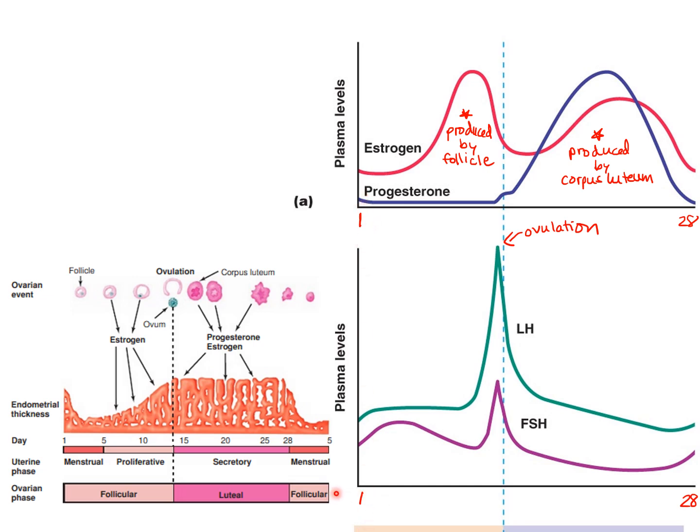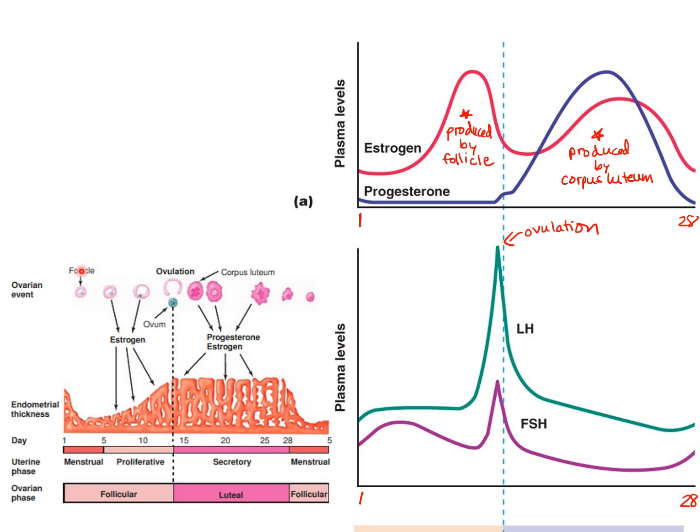And also because we've gotten rid of that negative feedback effect from the estrogen and progesterone on the hypothalamus and the anterior pituitary, our LH and FSH levels begin to rise here. Okay, and remember that the FSH, follicle stimulating hormone, that's going to go over to the ovary and stimulate the follicles to start developing.